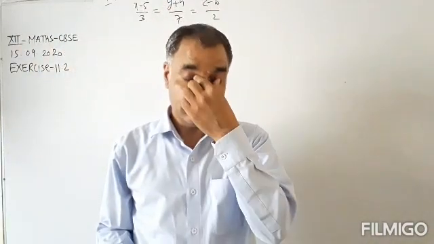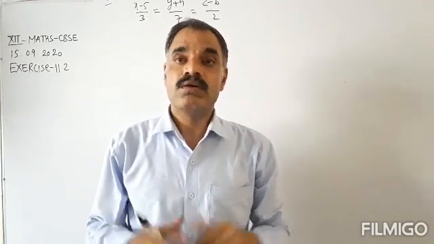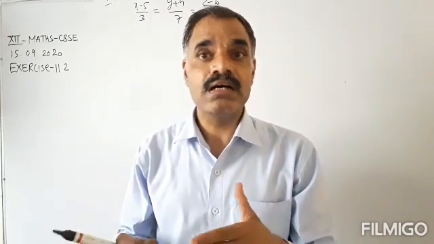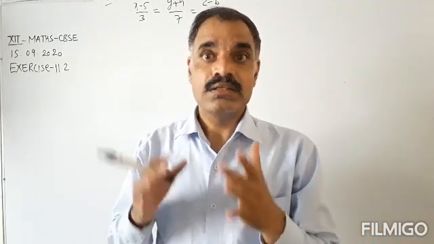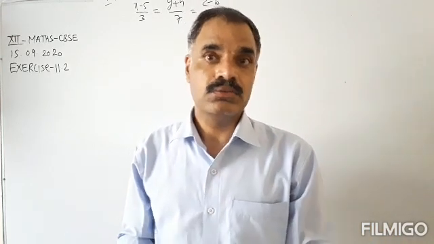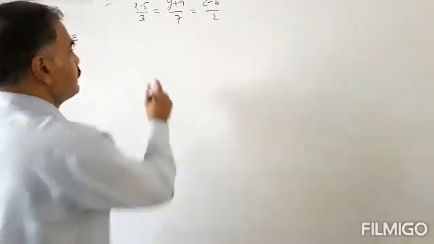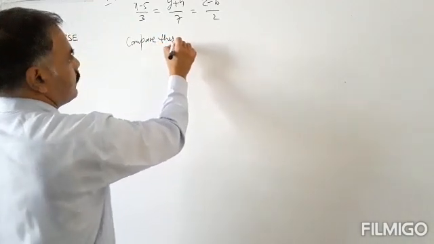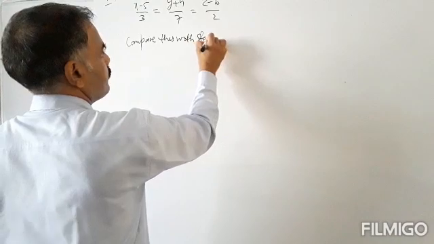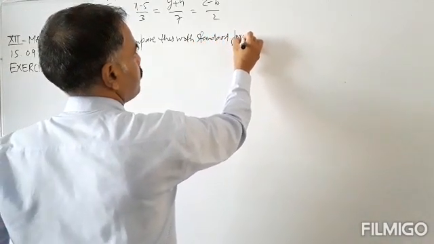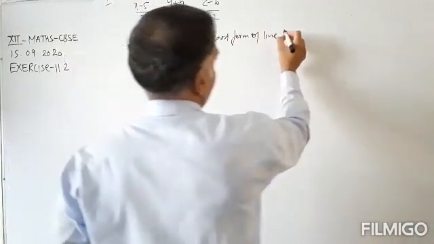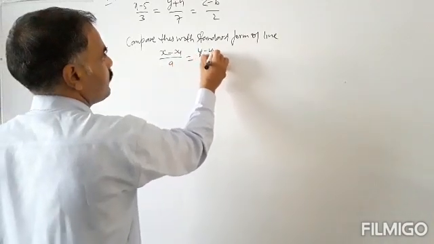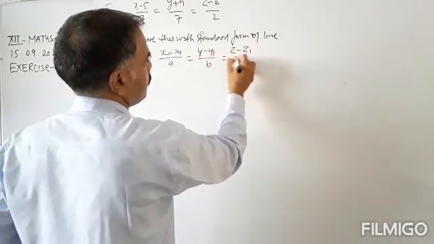To convert the given equation into vector form, we require the point through which the line passes and the direction ratios. So here, compare this with the standard form of line, which is (x minus x1) upon a equals (y minus y1) upon b equals (z minus z1) upon c.